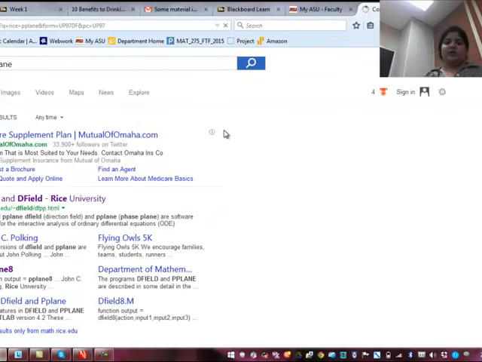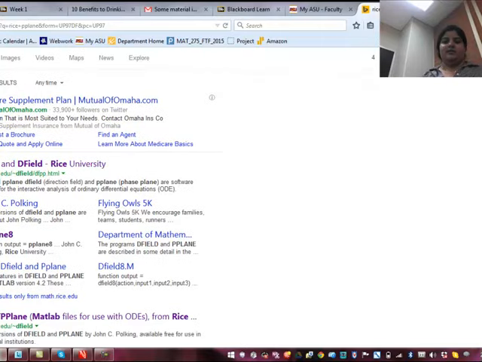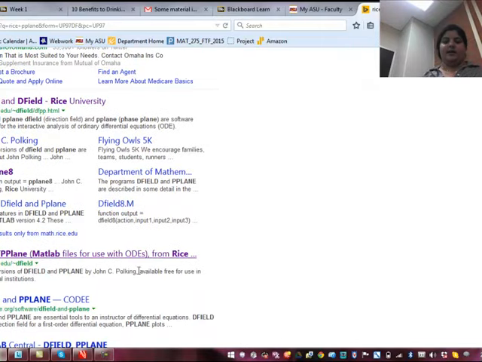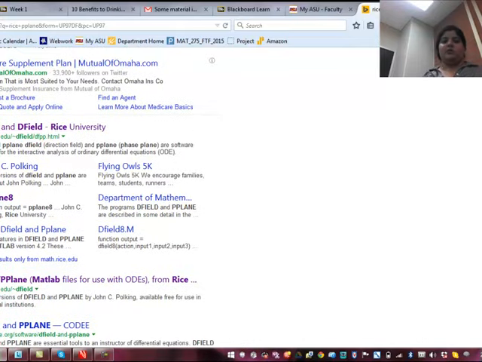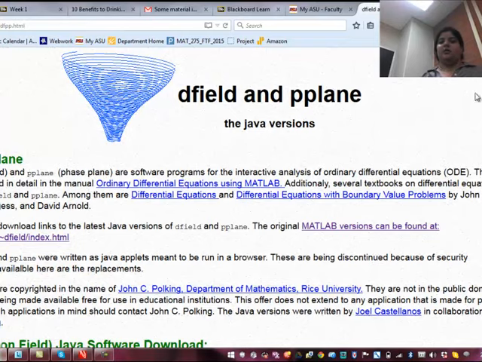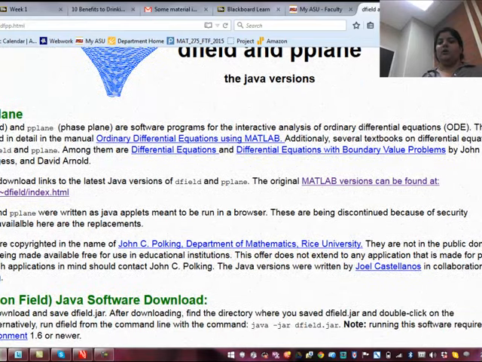Rice PPlane is a software developed by Rice University Professor John Polking, and it's a nice piece of software which can be used to figure out how a solution will behave.